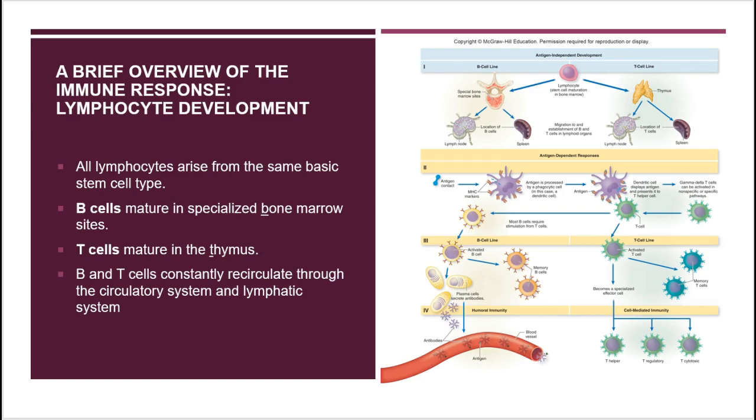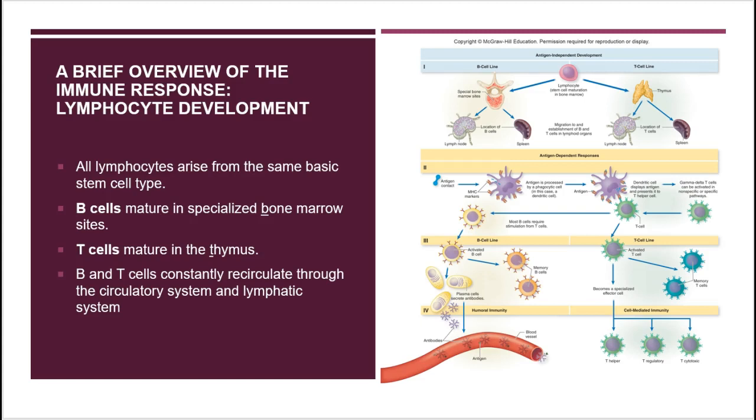This diagram is from your text. It can be found on page 351. And this just shows you the different stages of development and maturation of B cells and T cells. So you can see that both B cells and T cells arise from the same cell type. So they originate from lymphocytes that are found in the bone marrow.